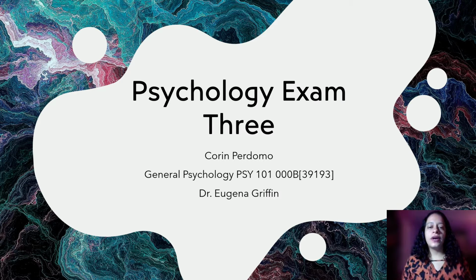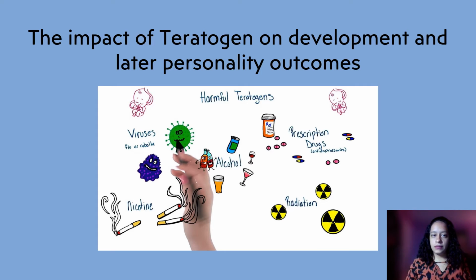For example, there are harmful teratogens, environmental teratogens, non-harmful teratogens. Some harmful teratogens include viruses, nicotine, alcohol, prescription drugs, recreational drugs, radiation, bacteria.